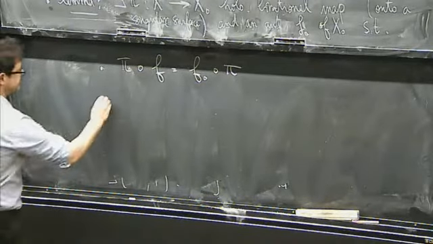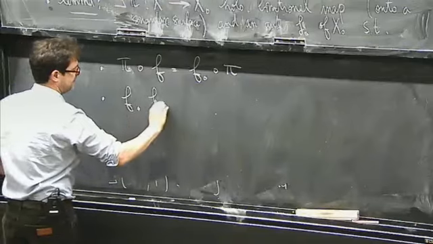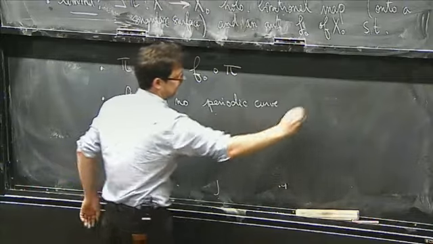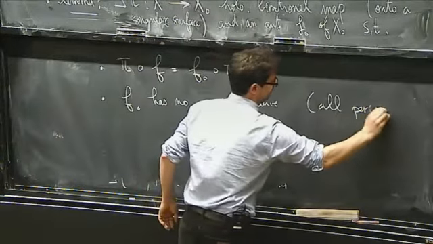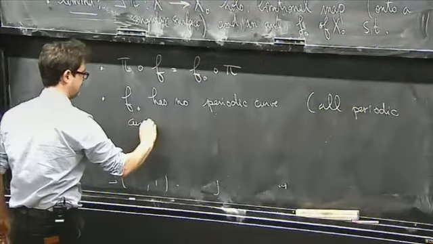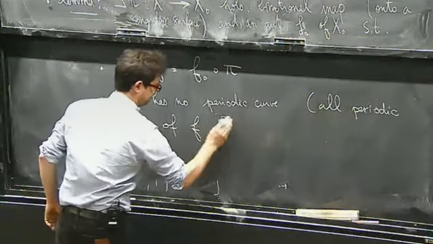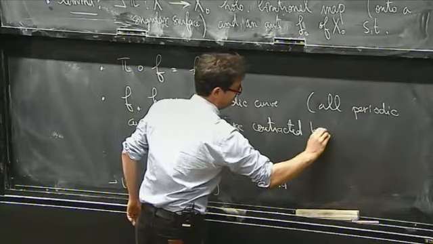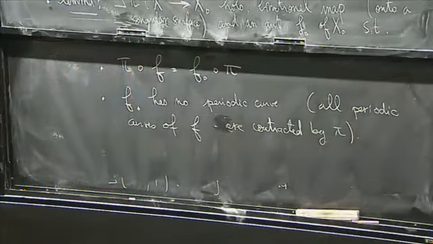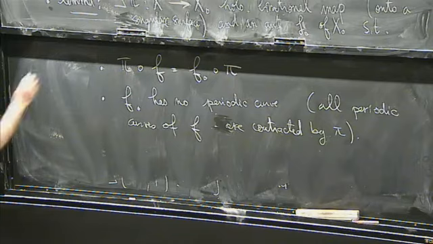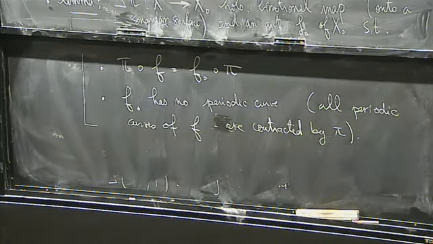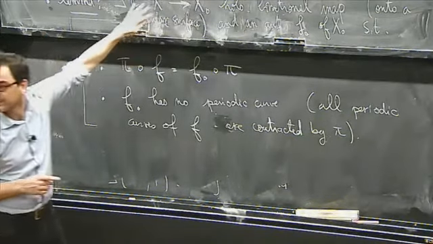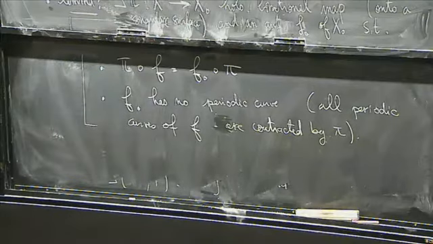And f naught has no periodic curve. So all periodic curves of f are contracted by pi. So if you are not afraid to work on singular surfaces, you can assume that there is no periodic curve.